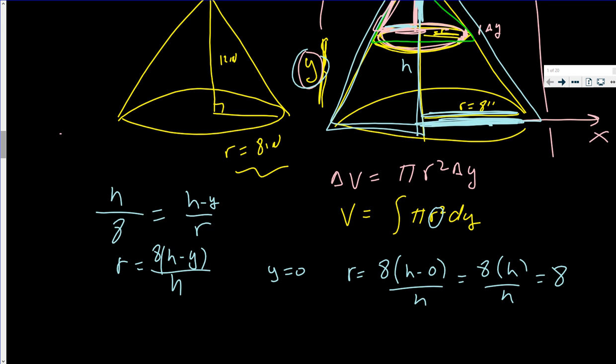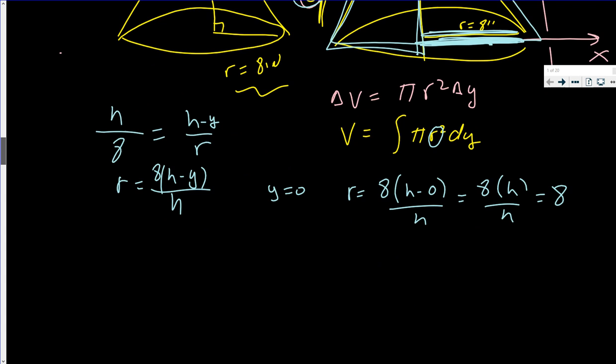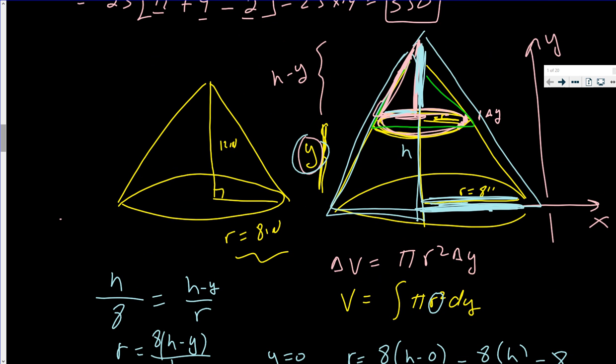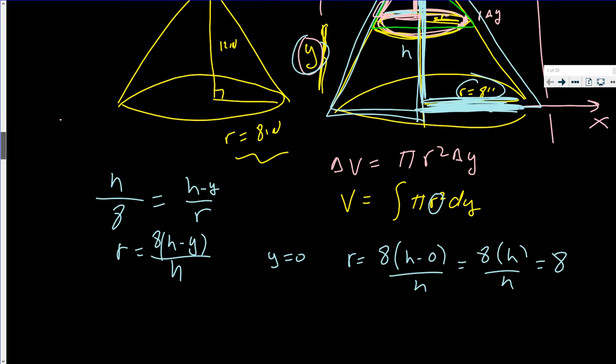Yeah, that's right. When y is 0, r is 8. Okay, that's just what we wanted.